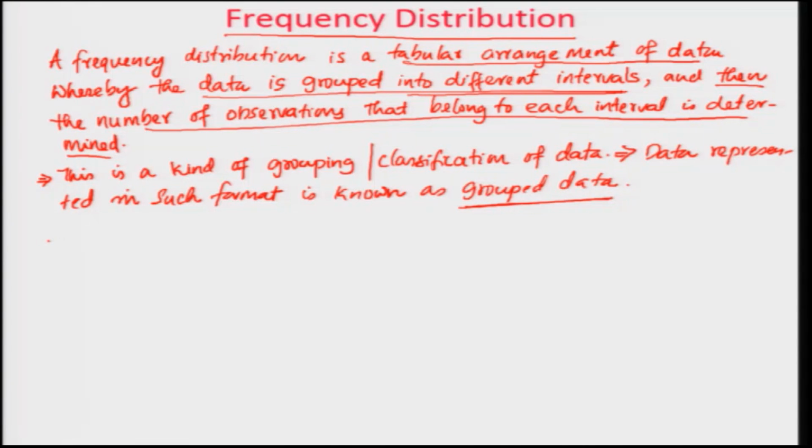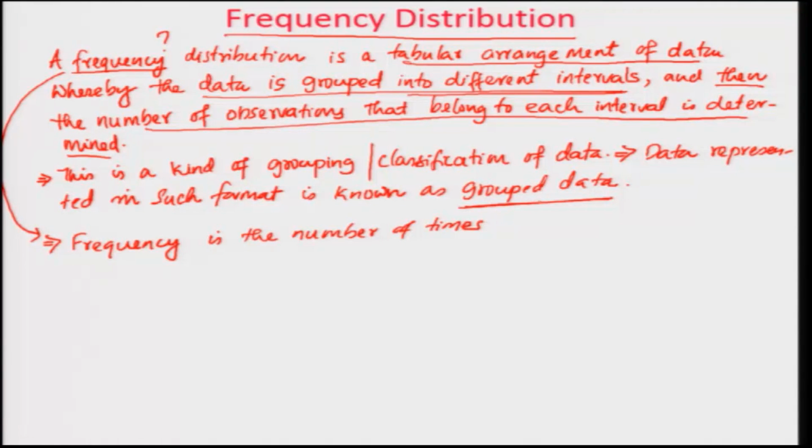And then there is another term that we talked about, which is frequency. So, what is frequency? The frequency is the number of times a particular value occurs in the data set.